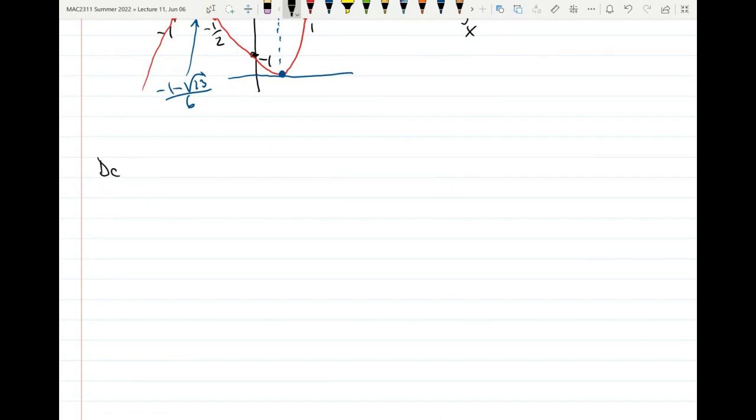So first, let me give you a definition. We say a function is differentiable at a point if the derivative exists at that point. So let y equal f of x be a function.